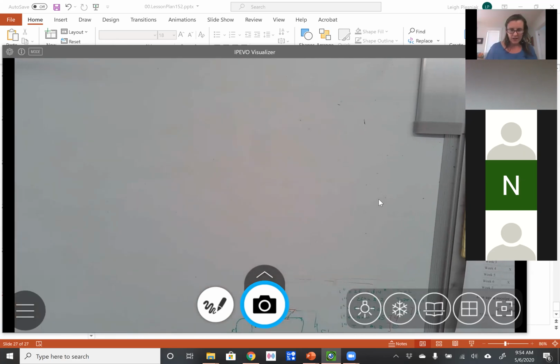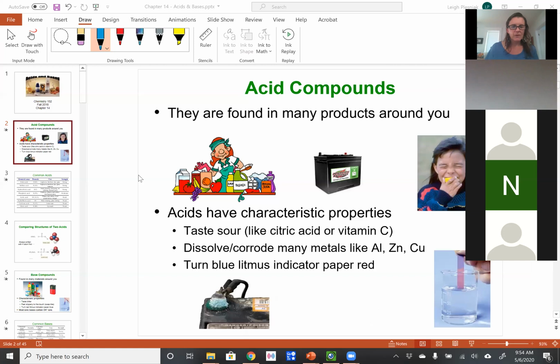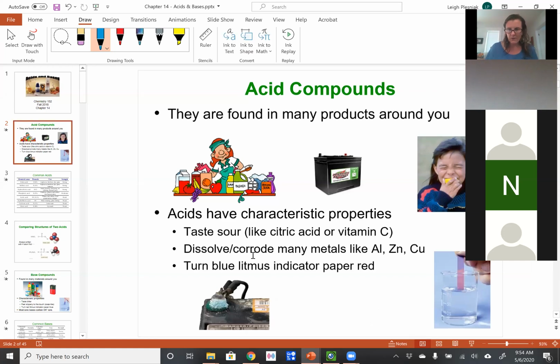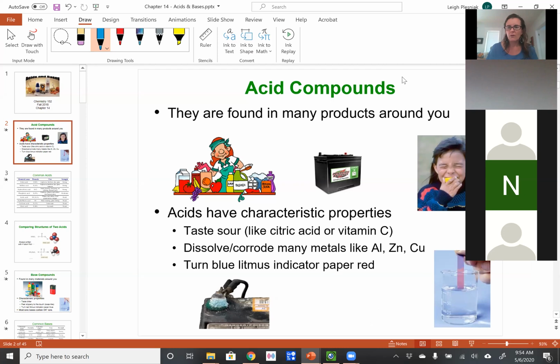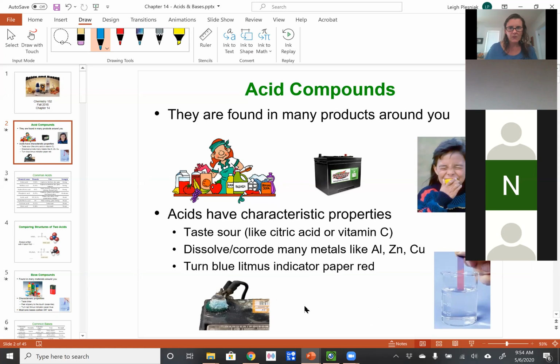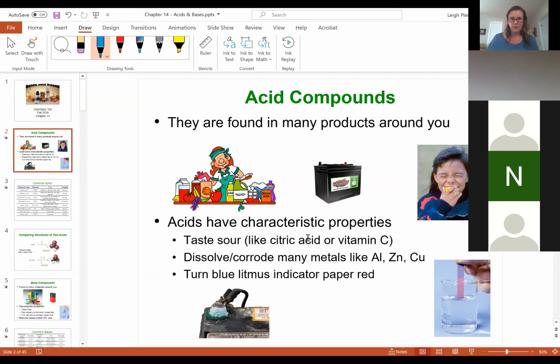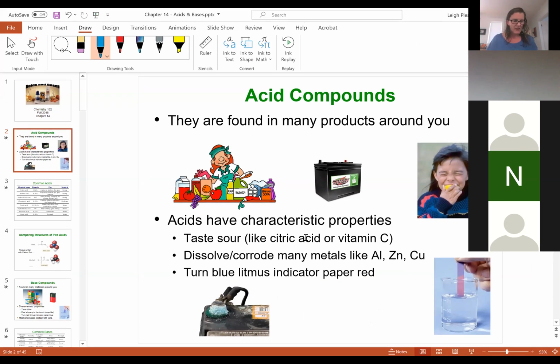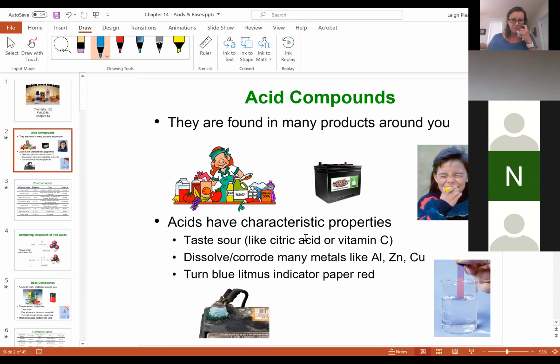Okay, so let's look at acids and bases. A couple things about acids that you may or may not know.